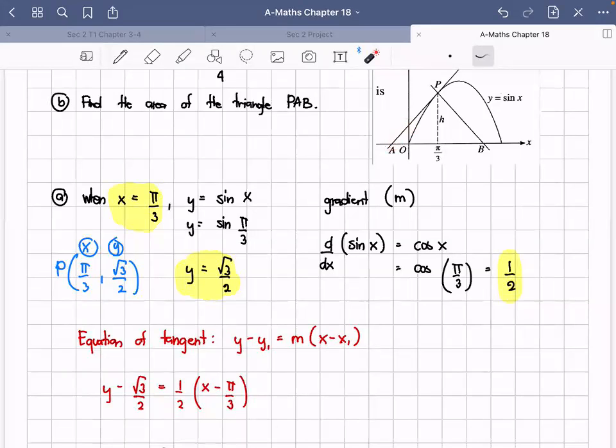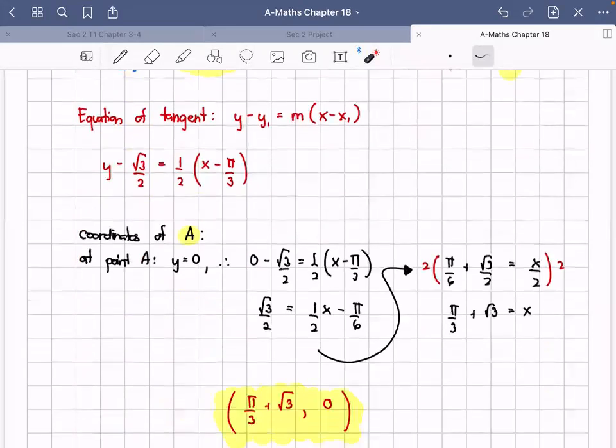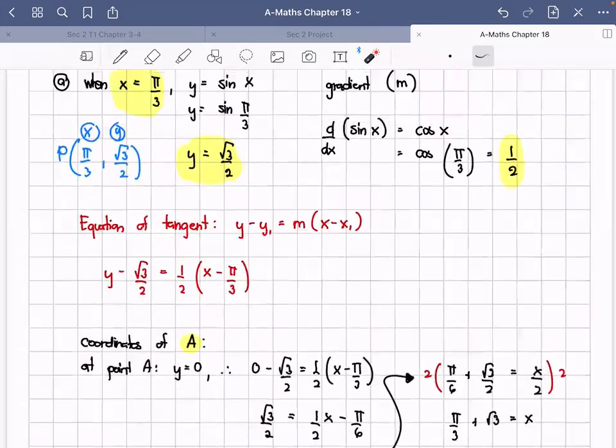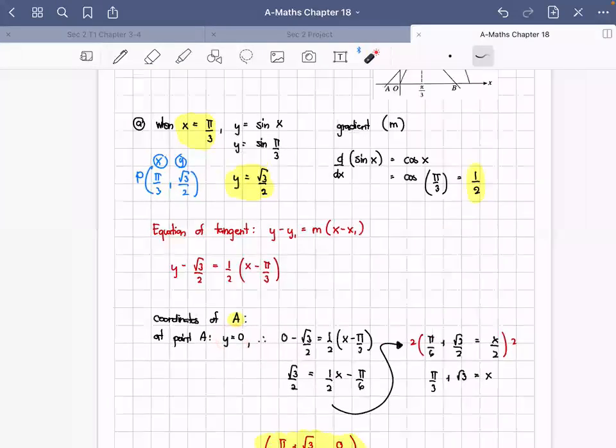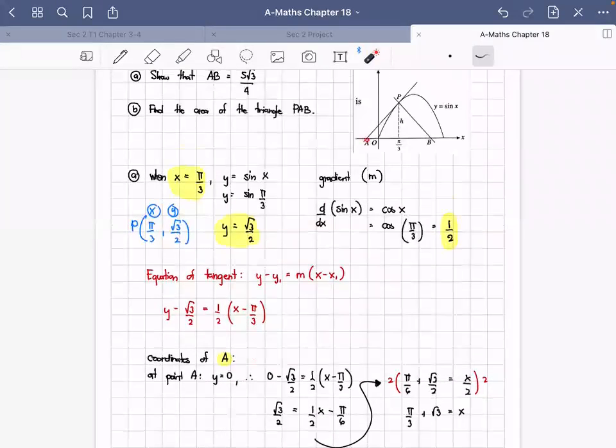Because it's on the x-axis. So the coordinates of A here, we know that y is equal to 0 because the point is on the x-axis. So therefore, you just plug 0 here, class. That's it. And then solve for x.